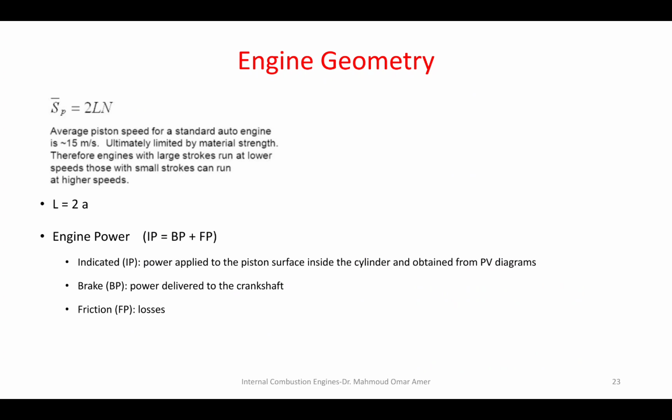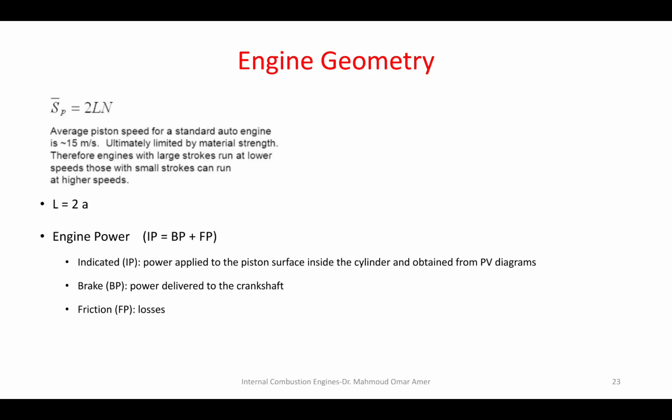As it approaches the top dead center, it gets slower. As it reaches the top dead center, the linear speed reaches 0. And then the piston reverses its direction. So the velocity starts to increase till it reaches a maximum at approximately the mid space between top and bottom dead centers. And when it reaches the bottom dead center, it reduces again and returns to 0 and inverts its direction again while it's going up.